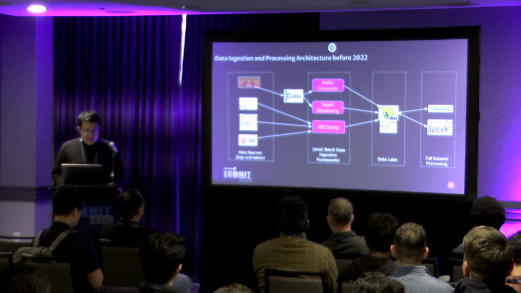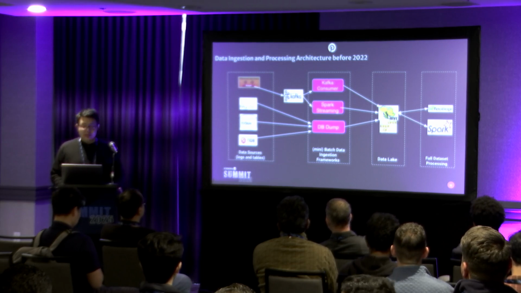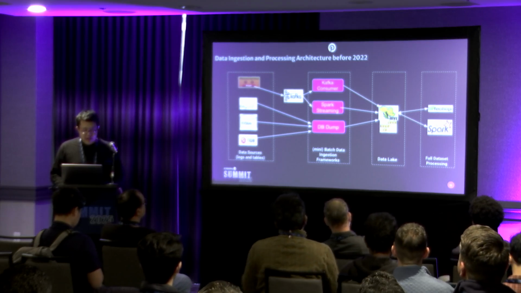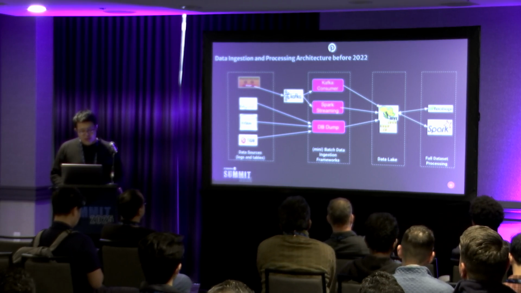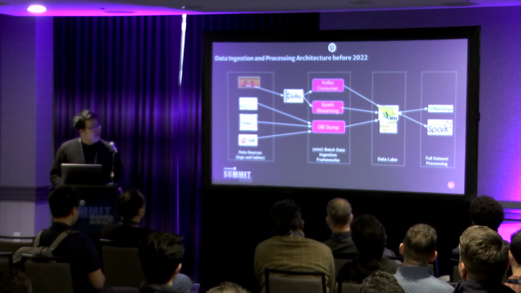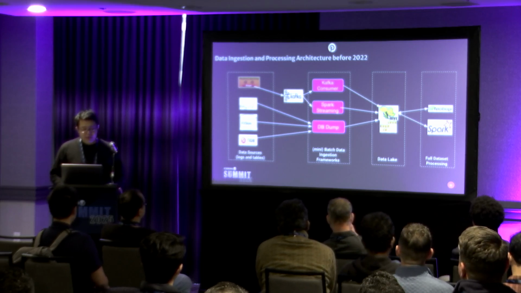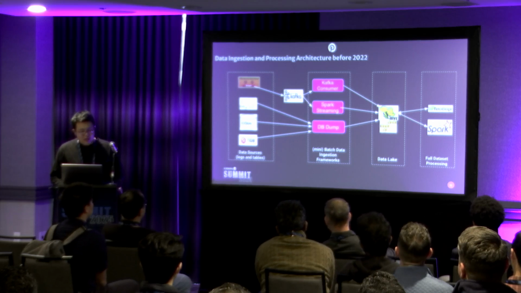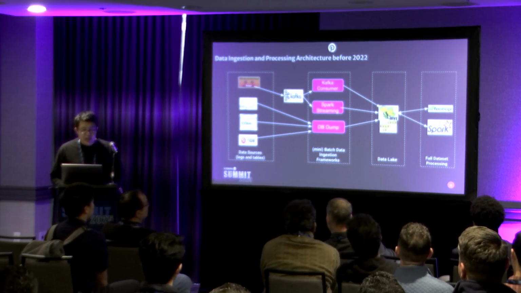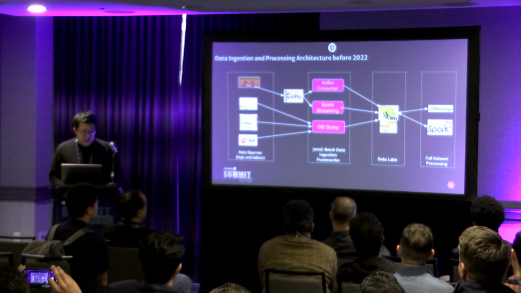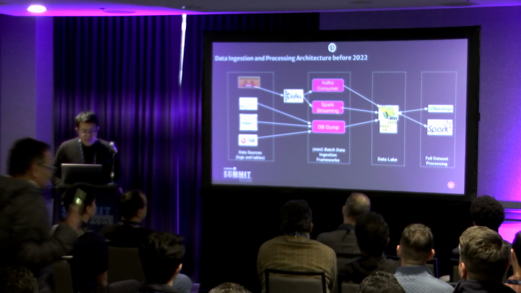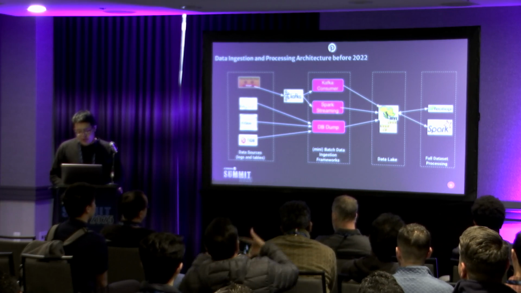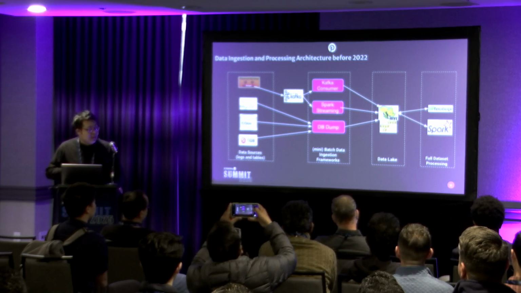Let's look at our architecture before 2022, the time before we made Iceberg production-ready. Our data ingestion and processing architecture looked like this. In terms of ingestion, we had many different batch data ingestion frameworks, built on top of the Kafka consumer client and Spark streaming. We also dumped data from different types of databases, transactional databases like MySQL, internal key-value stores, and TiDB. These ingestion frameworks ingested the data to Hive, and then we had Spark and MapReduce jobs processing the full data set.